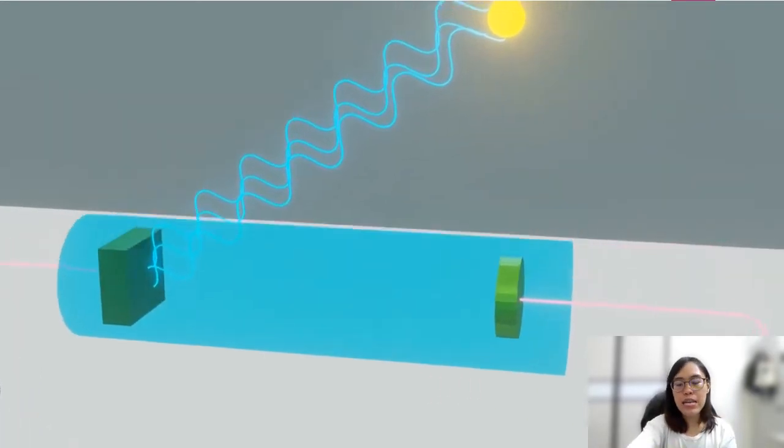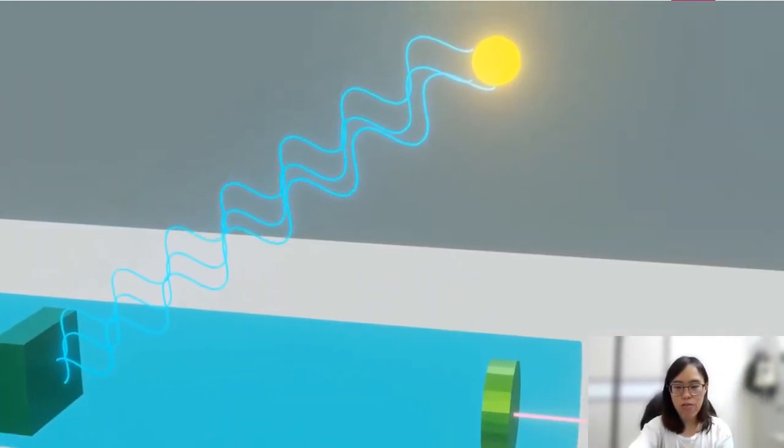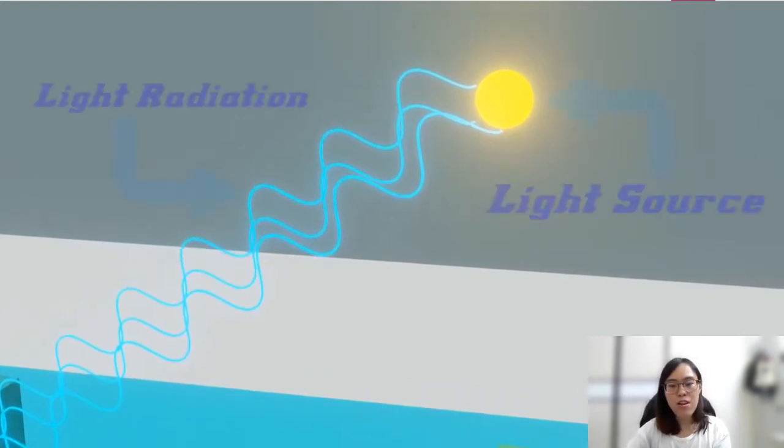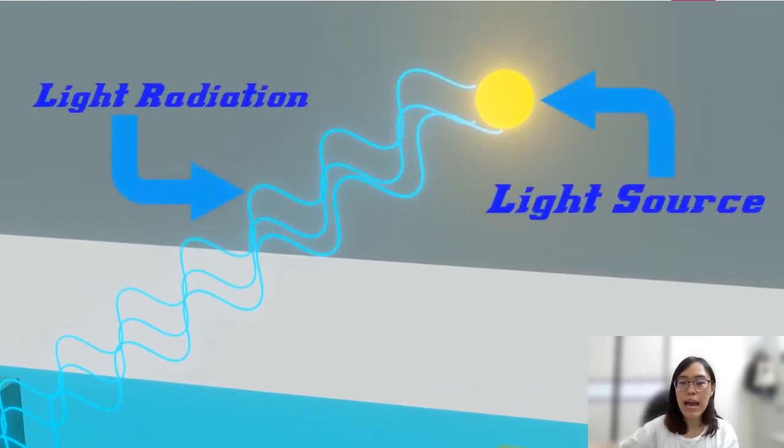So the one illuminated by light is the cathode, and the other side is the anode. It is a light source.